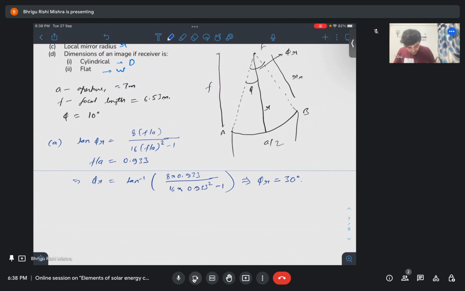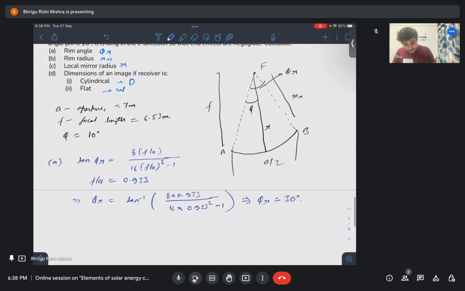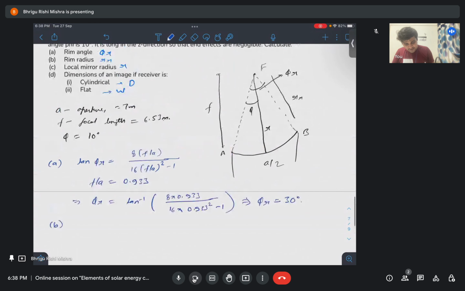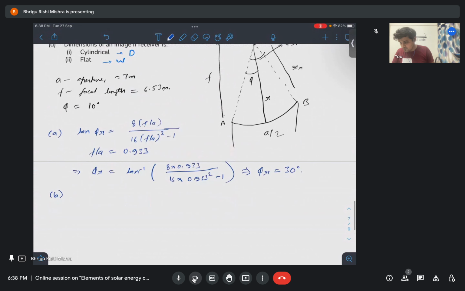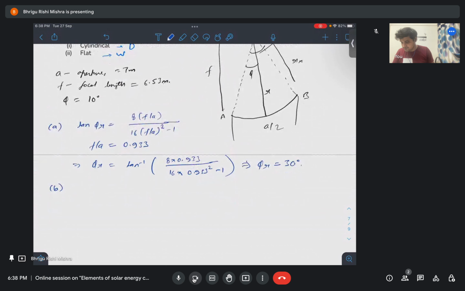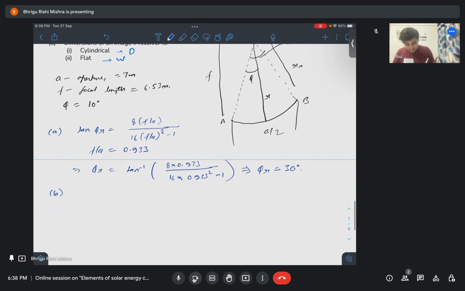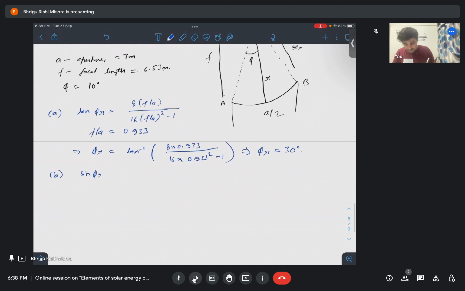Now the second is the rim radius, that means RR. How to calculate the rim radius? Sine phi r is a by 2 times RR.